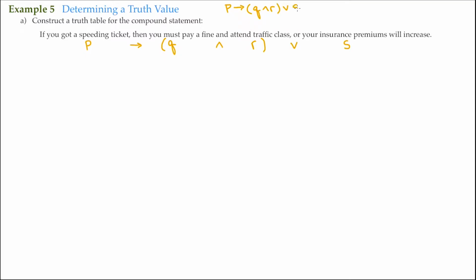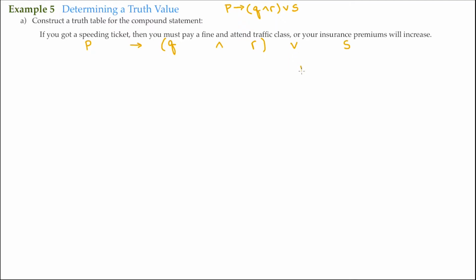or S. So hopefully you can hear it as we read it symbolically, as we read it as a statement too. If you got a speeding ticket, then you must pay a fine and attend traffic class. If P, then Q and R, or your insurance premiums will increase, or S. So now I'm just going to write out those simple statements right here.